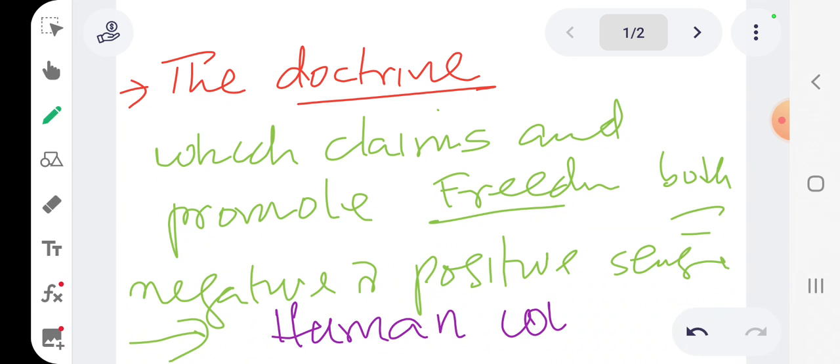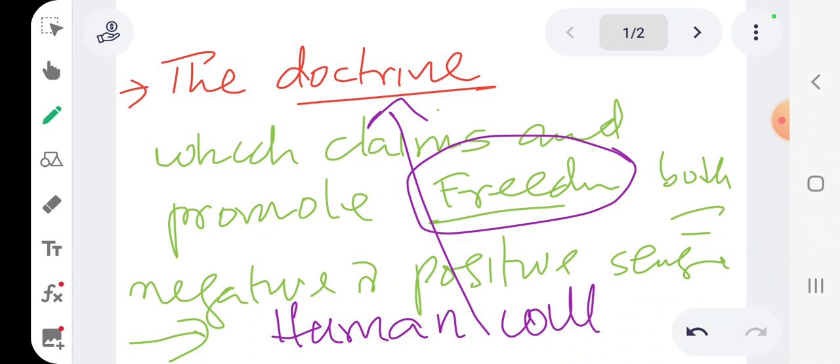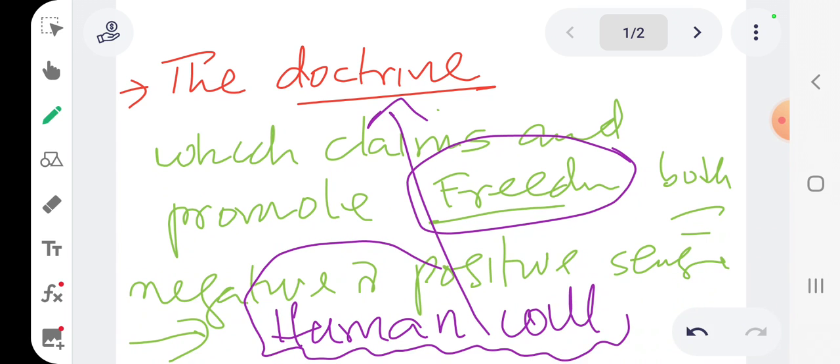So in other words, liberalism is the doctrine which promotes the freedom of human will in both positive and negative sense.